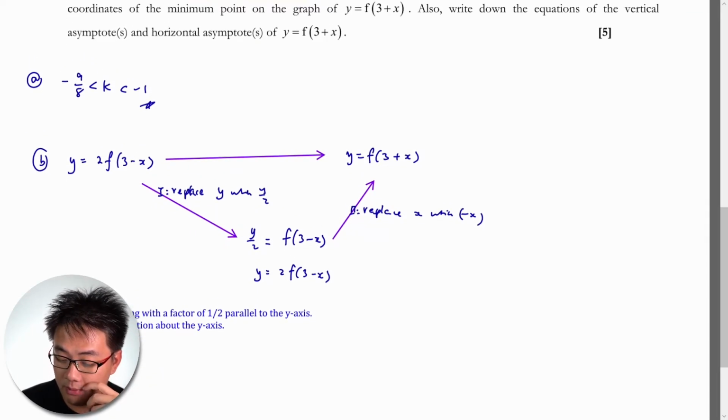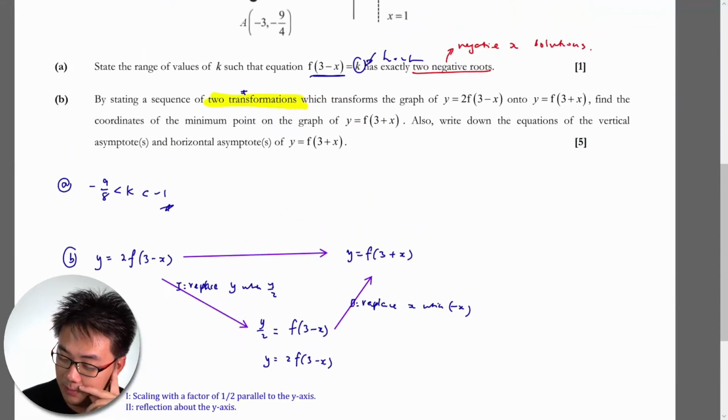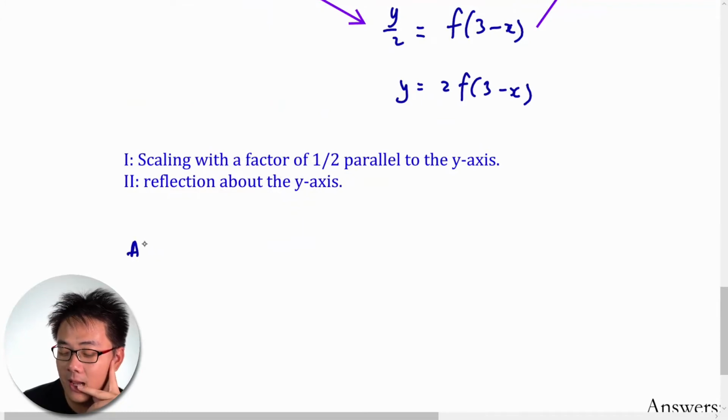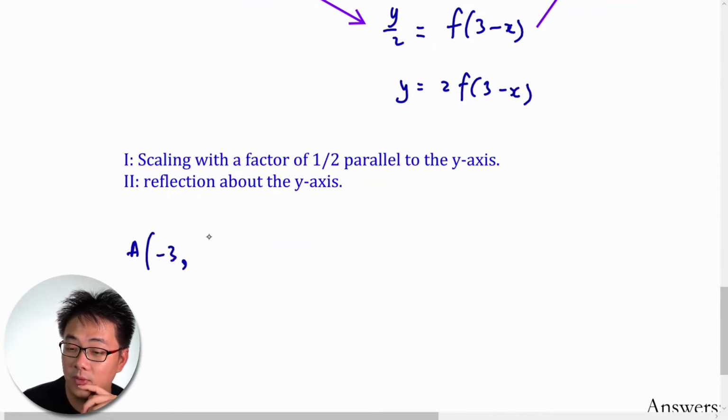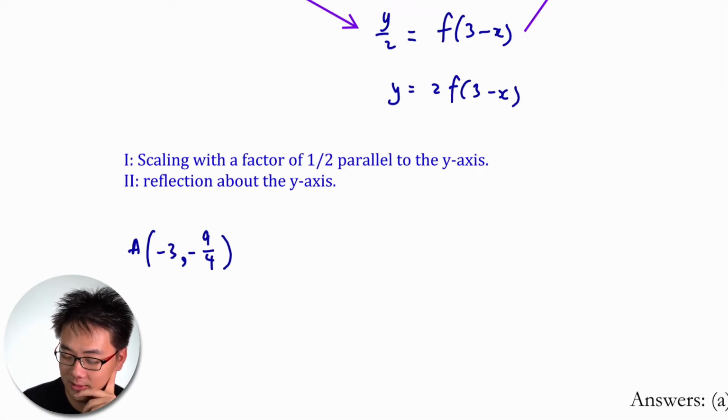So we look at replacing y, so scale factor of half. We write down the minimum point A, which is, thankfully I've got a screen here which I can refer to, (-9/8). So we want scale factor of half parallel to the y-axis.